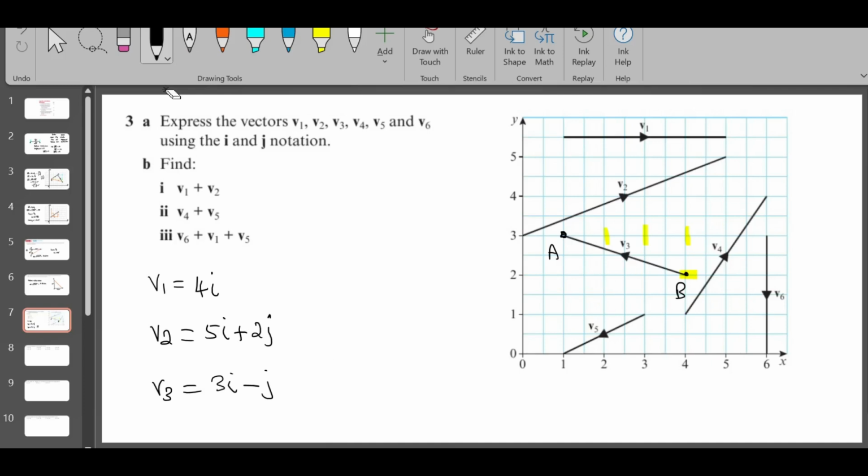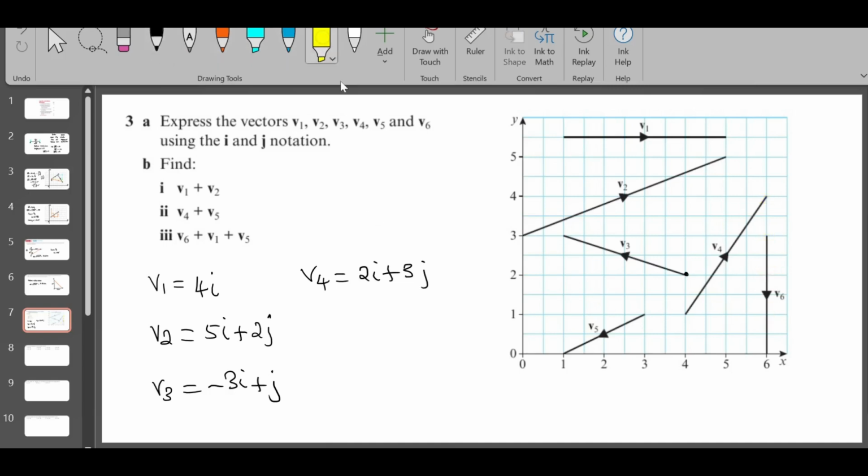So basically we need to start from B and reach A. So it's basically 1, 2, 3 units to the left, 1 unit up. So it has to be minus 3i plus j. That's very important. Okay, now the next one, v4. v4 this direction, so 1, 2 units to the right, 1, 2, 3 units to the top, 2i plus 3j.